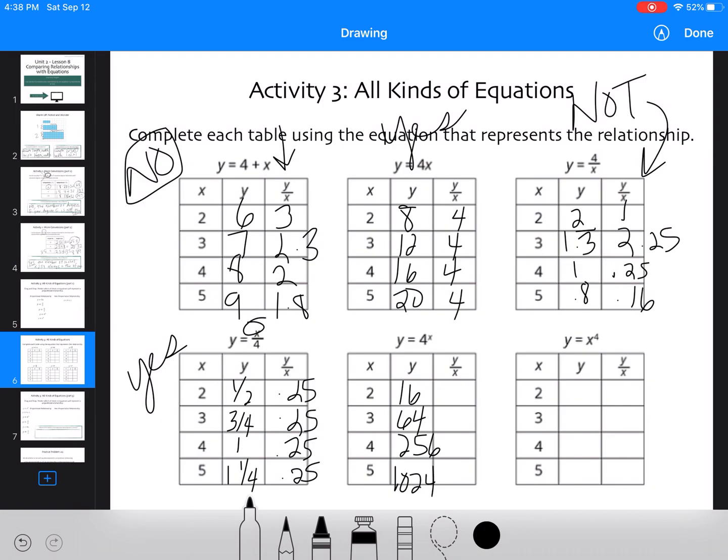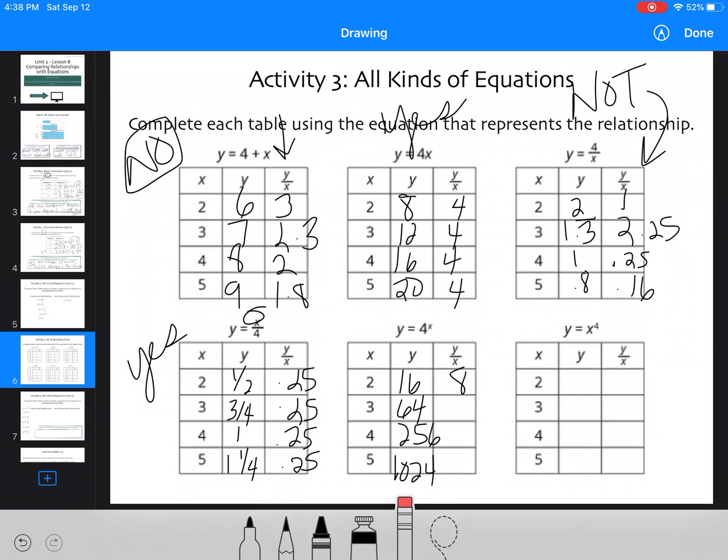Now if I divide it, that's going to be 8. 64 divided by 3 is going to be 21 1/3. 256 divided by 4 is going to be 64. And then 1024 divided by 5 is going to be 204.8. So this is a no.